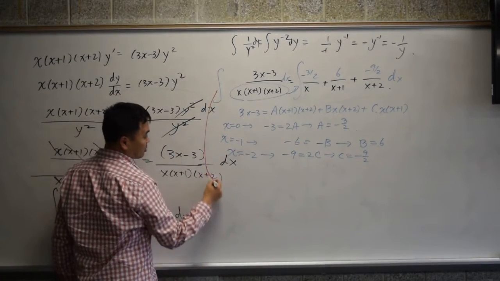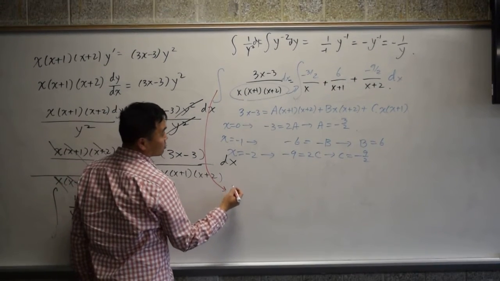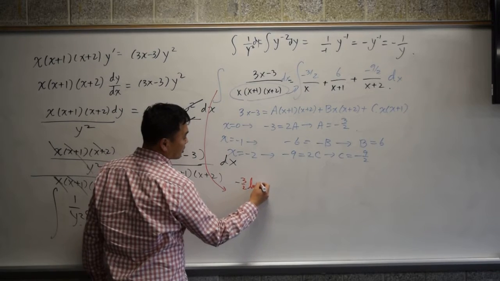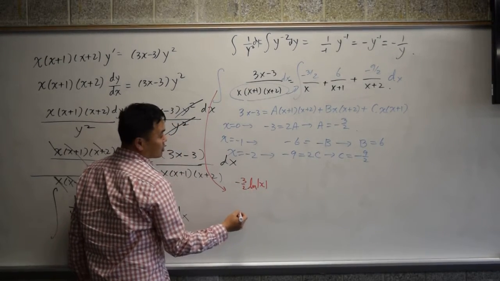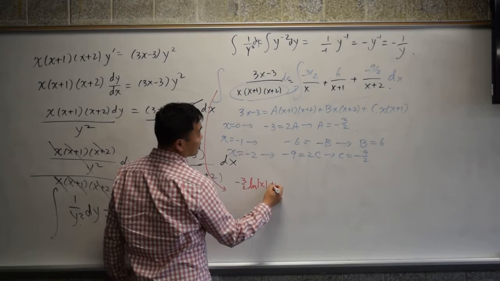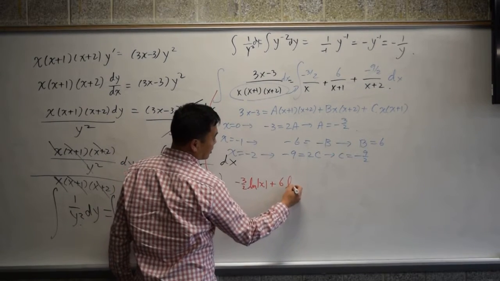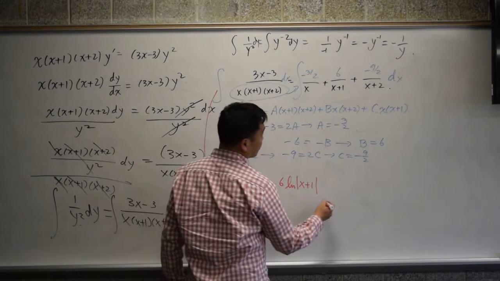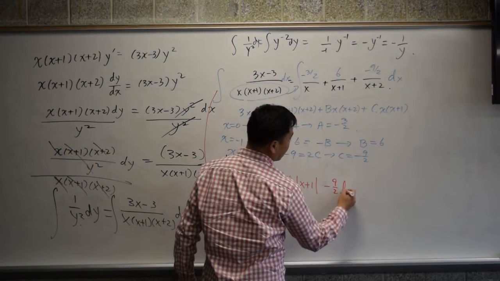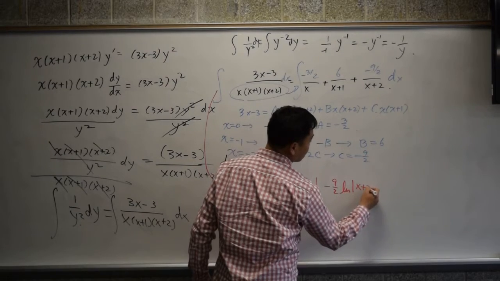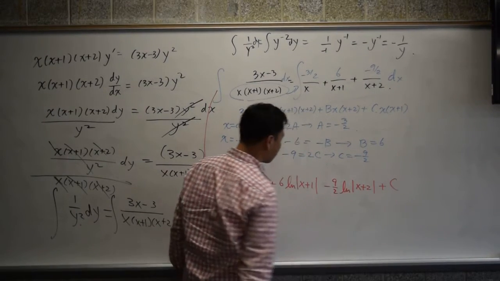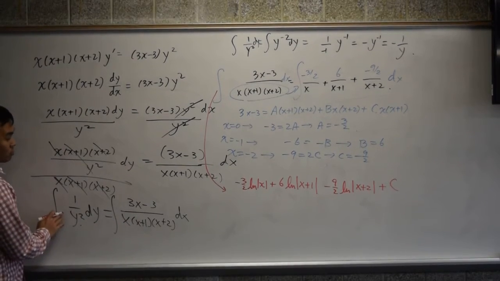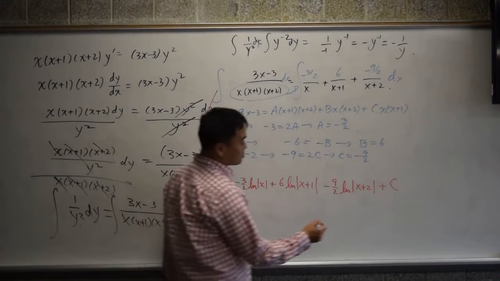So let me write down the result here. So you end up with the integral being negative 3 over 2 ln of x, plus 6 ln of x plus 1, minus 9 over 2 ln of x plus 2, plus C. So that's the integral of this side, and that has to equal the integral of this side, which is negative 1 over y.